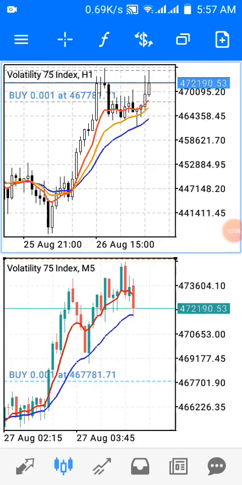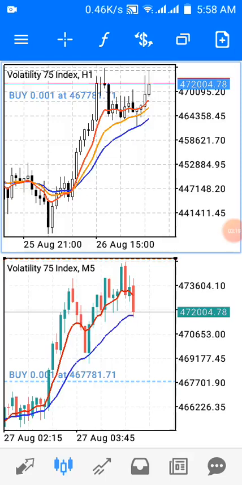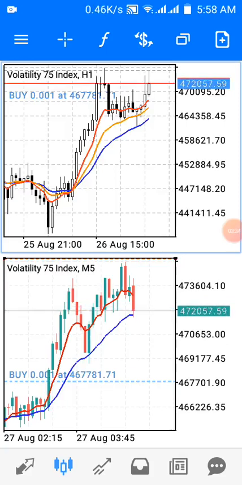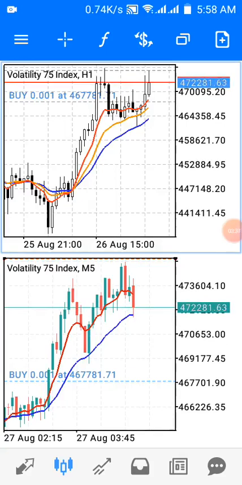I want the EMAs on the upper window to align in one direction, whether upwards or downwards. Upwards means we're in an uptrend, price is going up. Downwards means we are in a downtrend, price is ticking downwards.